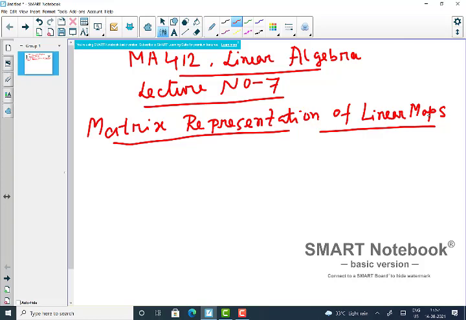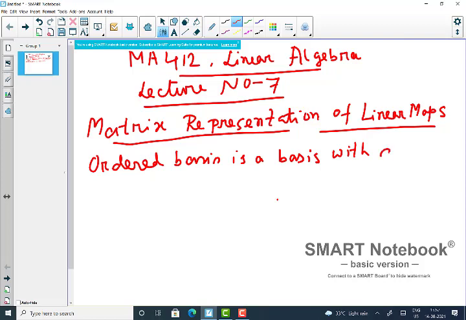basis, obviously. So let me tell you that we will assume something called an ordered basis. So what is that? An ordered basis is a basis with some order.